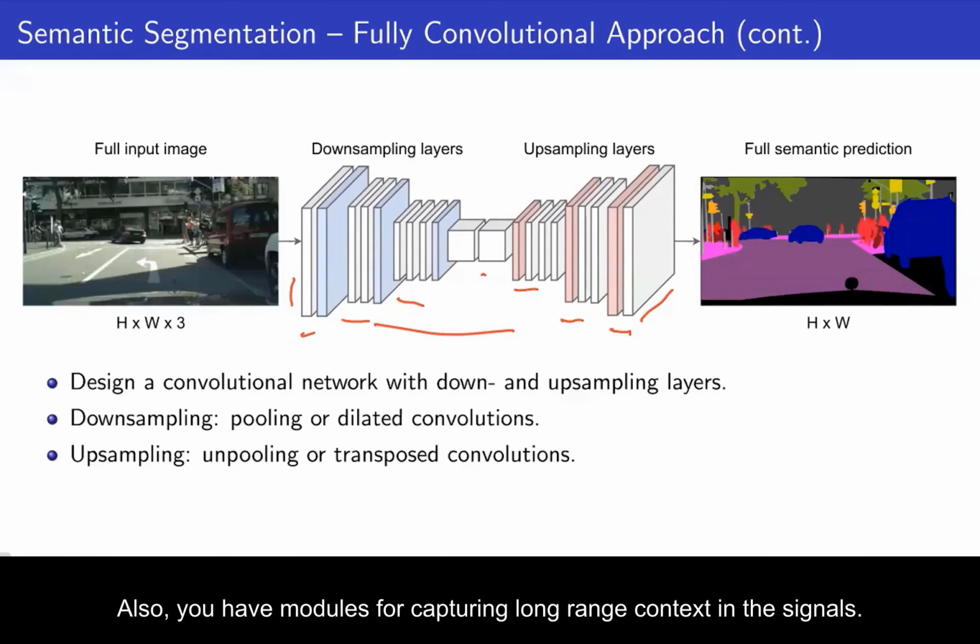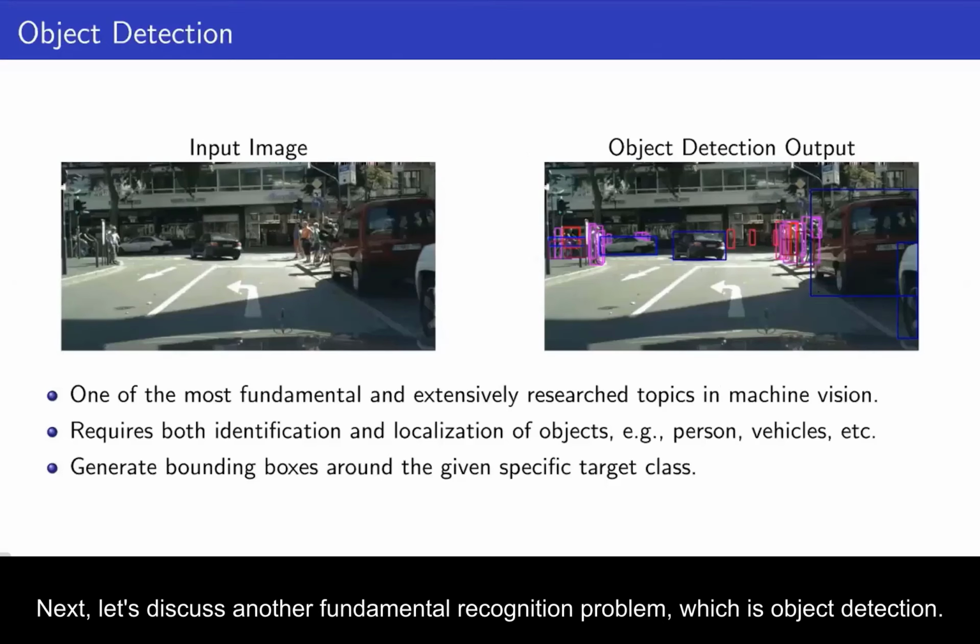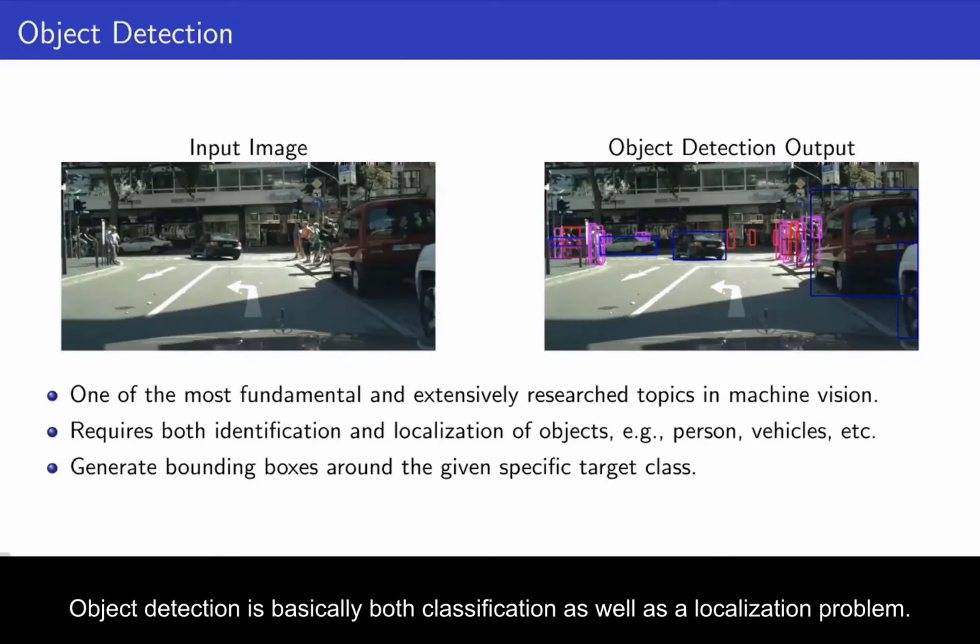Also, you have modules for capturing long-range context in the signals, and modules to get smooth object boundaries, and so on. All right, next, let's discuss another fundamental recognition problem, which is object detection.